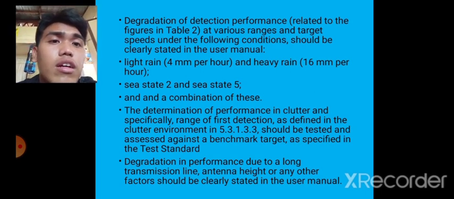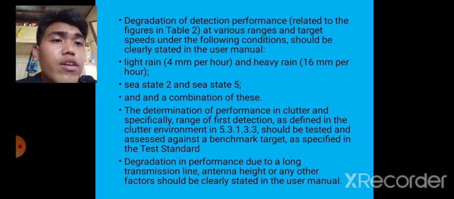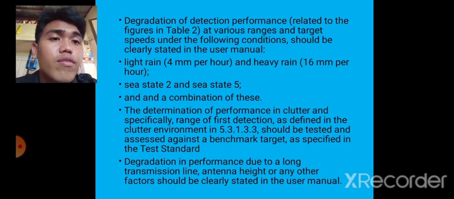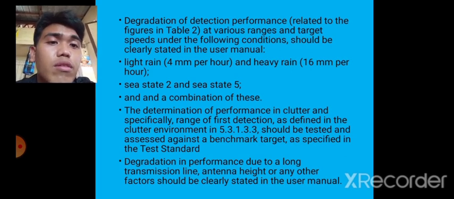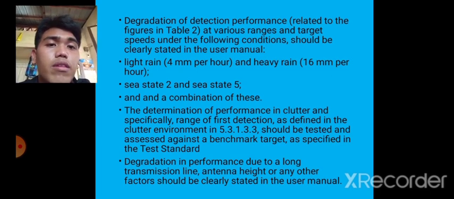Next, the degradation of detection performance at various ranges and target speeds under the following conditions should be clearly stated in the user manual. Light rain is 4 millimeters per hour and heavy rain is 60 millimeters per hour.